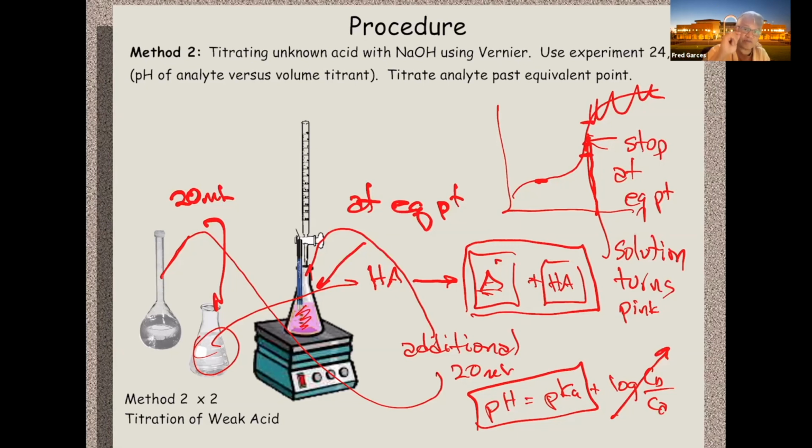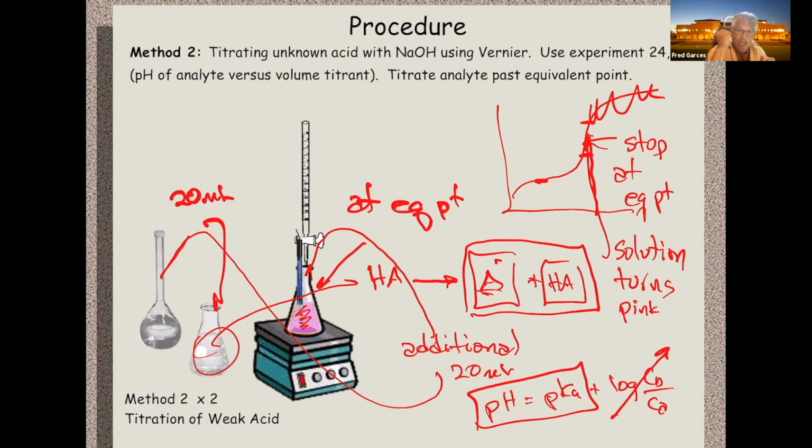Now you're at the equivalent point. You know the equivalent volume. Okay, you take that Erlenmeyer flask out from underneath your burette, and you add an equal amount of the original acid back to that solution. Now you force the acid and its conjugate to be equal in that solution.